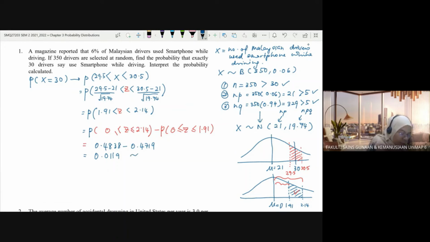So in this case, if you approximate, this is only 1% only. Okay, so how do you interpret?